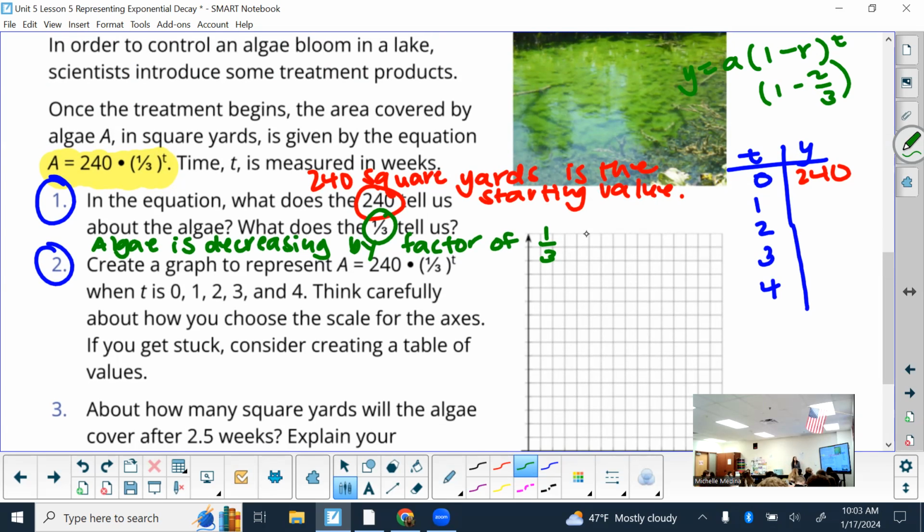So you could say it's decreasing by a factor of 1/3, or you could say it's losing 2/3 of its volume, or however you want to say it. It's losing 2/3 for each week.